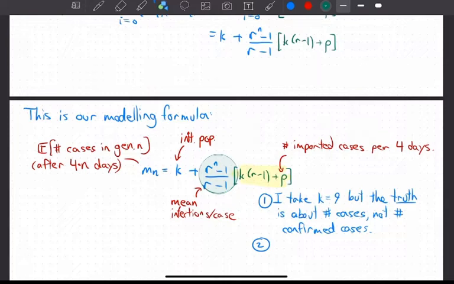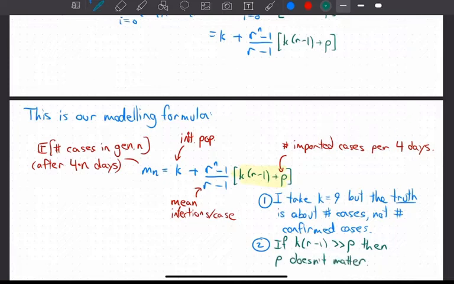And so what that means in particular is that if k times (r minus 1) is much bigger than rho, that's the point at which the imported cases don't matter anymore. And that really doesn't take so long, it seems, for that to be the case.